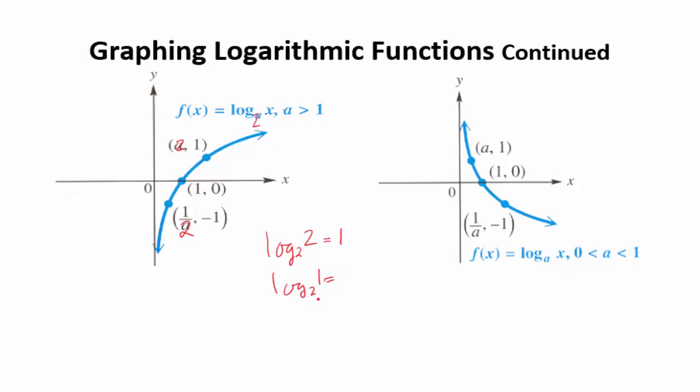Again, you ask yourself, it's like playing Jeopardy. What did I raise to get 1? It's 0 because 2 to the 0 is 1. Take this 1/2. What is the log of 1/2 to the base 2? Well, what did I raise to get 1/2? Negative 1. So these are key ordered pairs that you want to look for when you're looking at logarithms. And same thing with bases between 0 and 1.